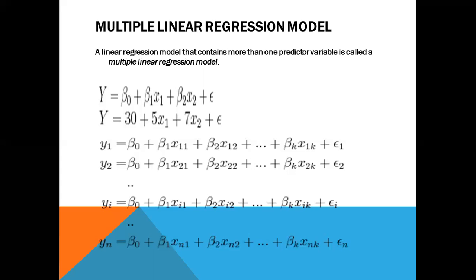Multiple regression is an extension of linear regression that uses just one independent variable. And MLR, that is multiple linear regression, is used extensively in economics and financial inference.